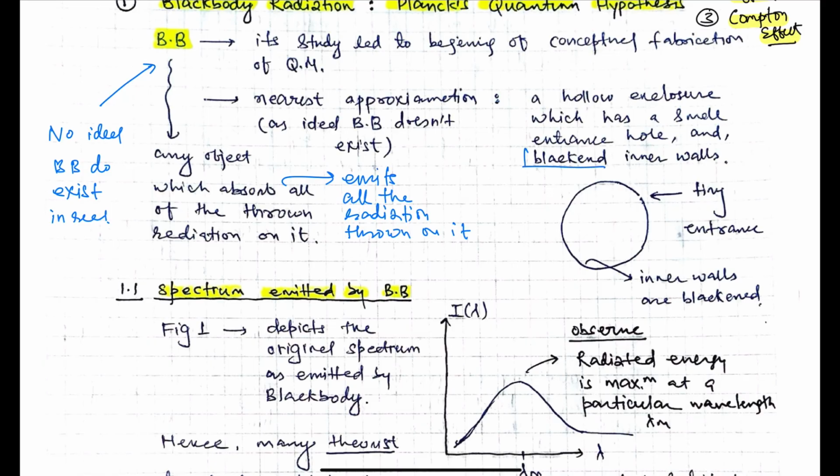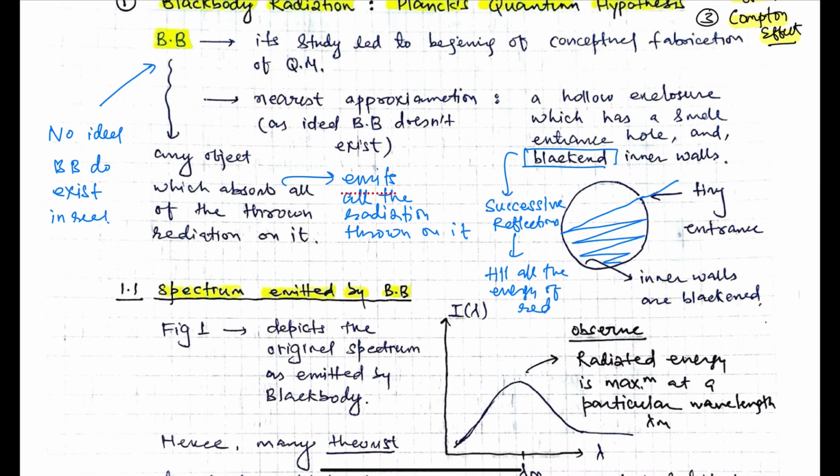Blackened inner walls for what? Successive reflection. So radiation enters from here and then goes on to successive reflections till all the energy of radiation gets absorbed. This is what we call a black body.